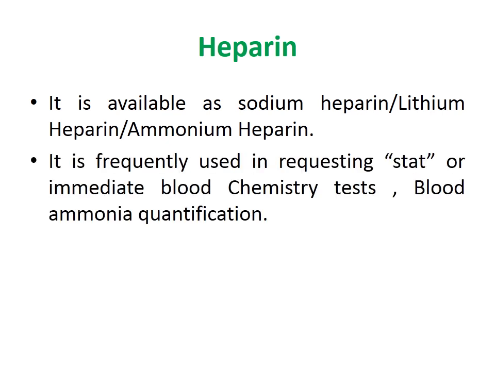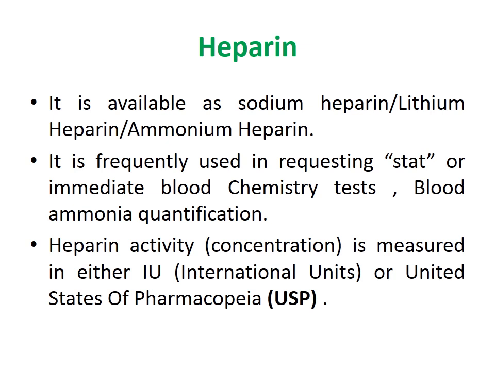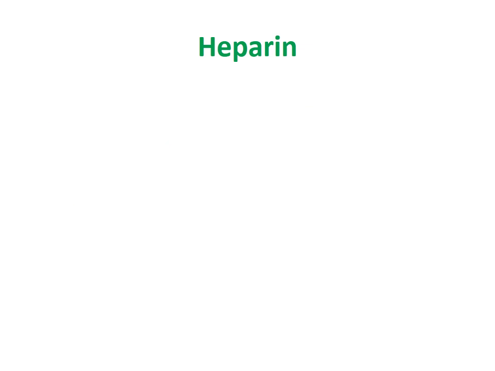It is frequently used in requesting stat or immediate blood chemistry tests, blood ammonia quantification. Heparin activity or concentration is measured in either international units or United States Pharmacopoeia units, abbreviated as USP.